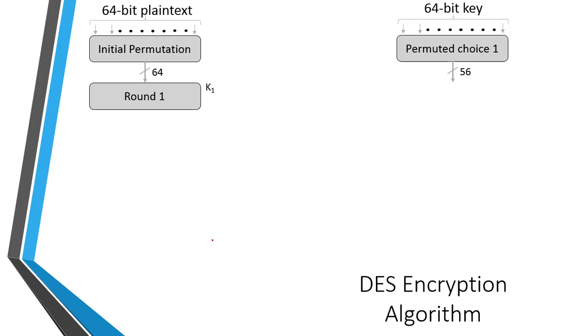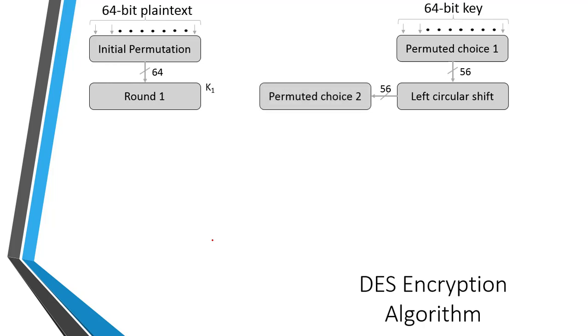As we mentioned earlier, only 56 bits are effective from the 64-bit key. So now our key size is 56-bit. After that, a left circular shift is applied, and then the permuted choice 2 operation is applied to that 56-bit key. So now our subkey size is 48-bit. So K1 has a 48-bit size, which is applied to round 1.